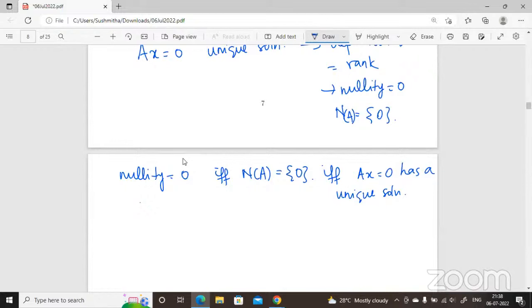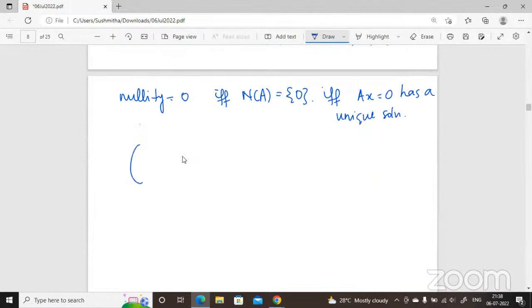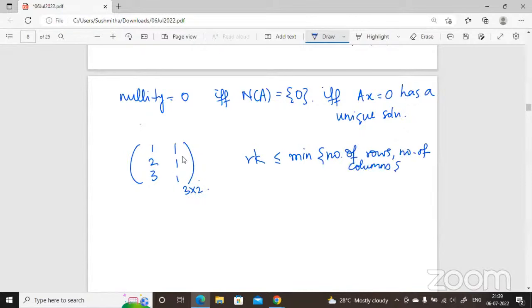If we consider a matrix of 3 cross 2, what will be the maximum rank of it, ma'am? Rank plus nullity will be 2, according to me. 3 cross 2, yes. If you ask me what is the maximum rank, can it be 2?